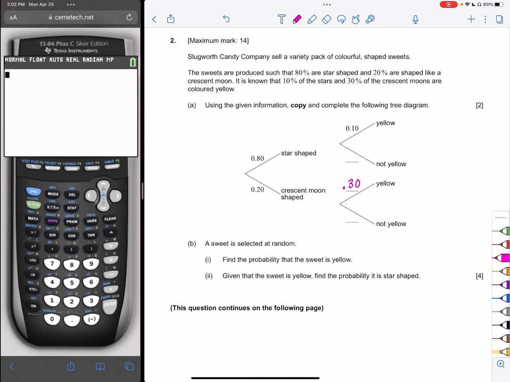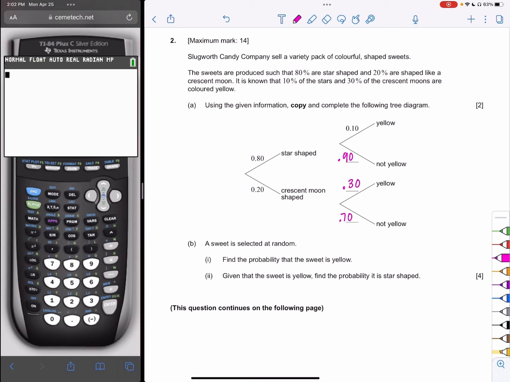The opposite of being yellow is being not yellow. So to be star shaped and be not yellow, that's going to be 0.90. And then to be crescent moon shaped and not yellow, that's going to be 0.70. So that is how I would finish filling in that tree diagram.